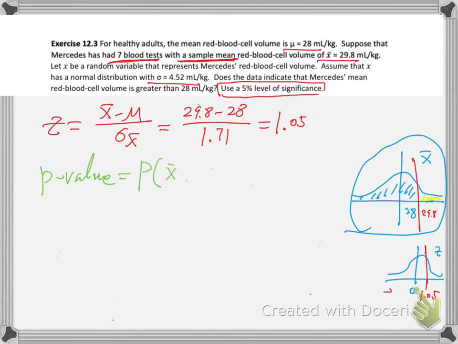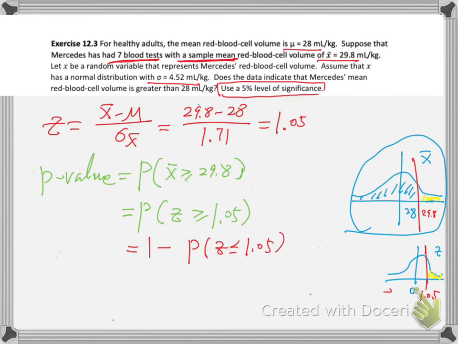So it's x bar greater than or equal to 29.8. We already changed x to z, so this is the same area as z greater than or equal to 1.05. We change it to z because we need to use table 3. And table 3 is 1 minus, because it's greater than. So 1 minus P of z less than or equal to 1.05.